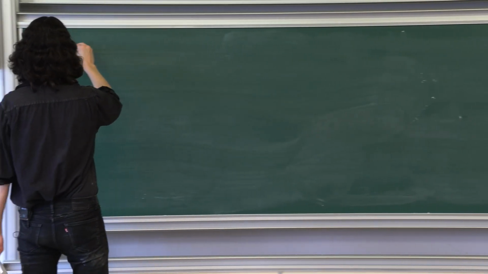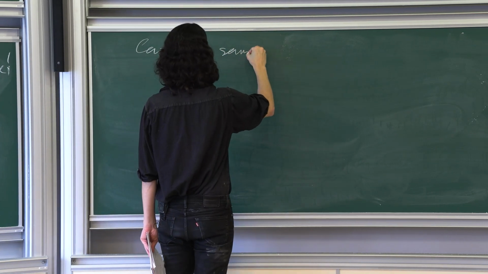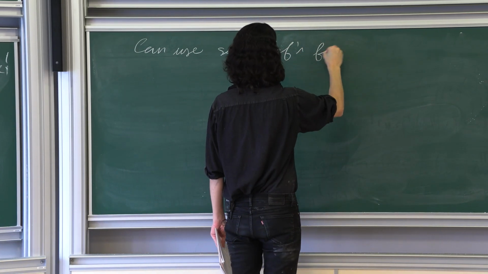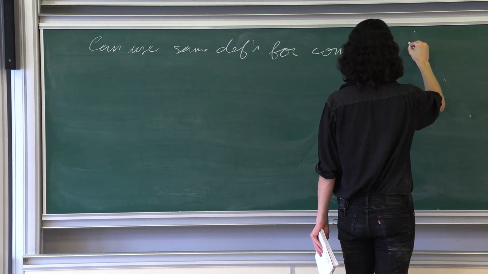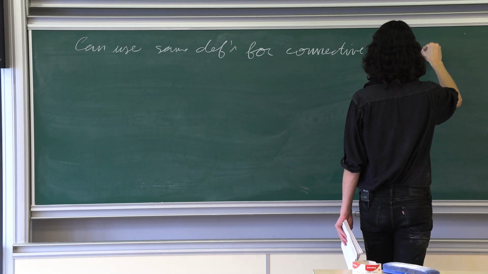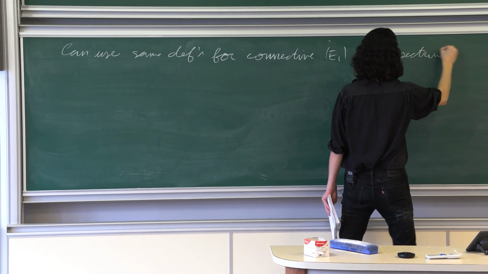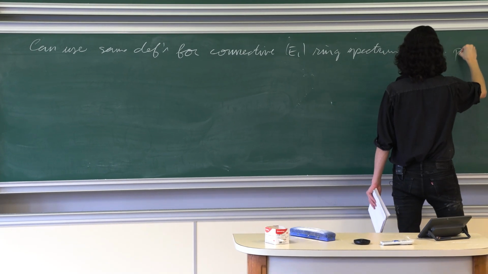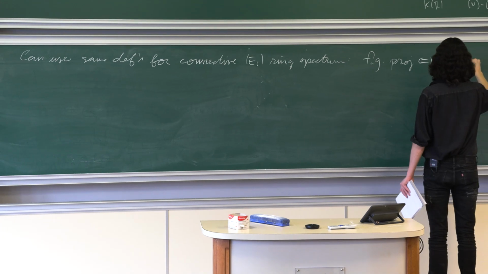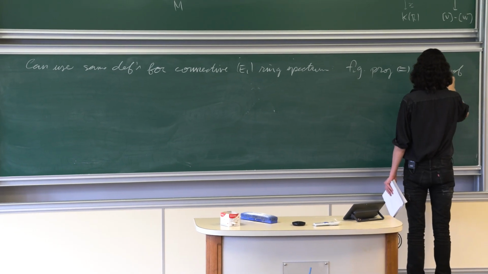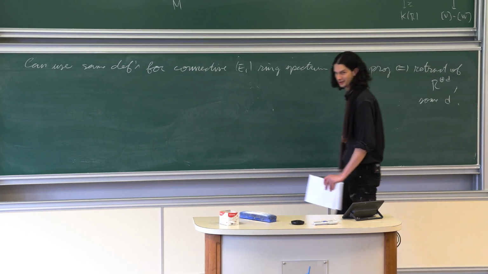So you can take the same definition for any, say, connective ring spectrum, let's say E1. So say finitely generated projective means it's a retract or a summand of a direct sum of copies of the unit module, R to the d.